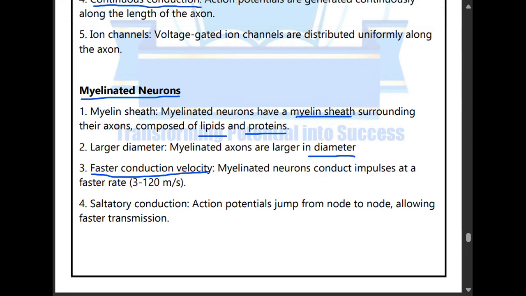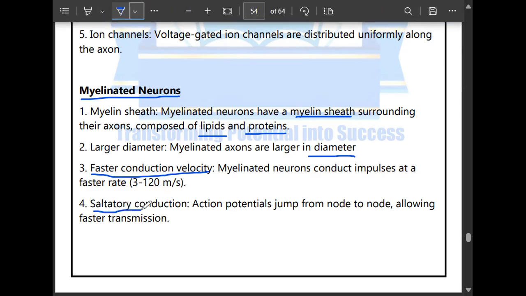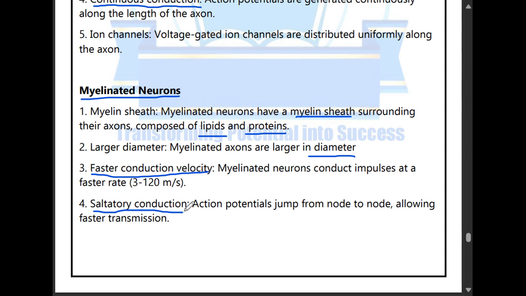Remember, the myelin sheath improves the velocity of impulse conduction. In contrast to continuous conduction in unmyelinated neurons, in myelinated neurons we have what we call saltatory conduction.